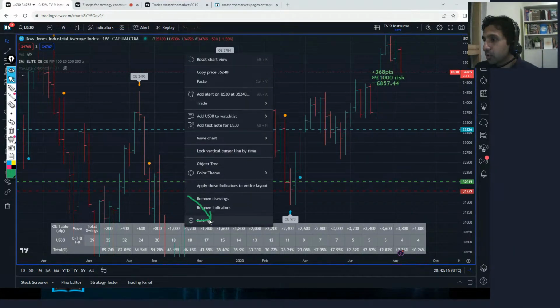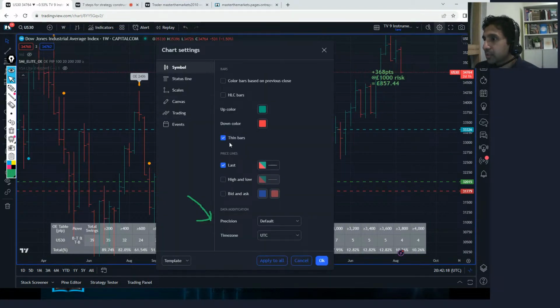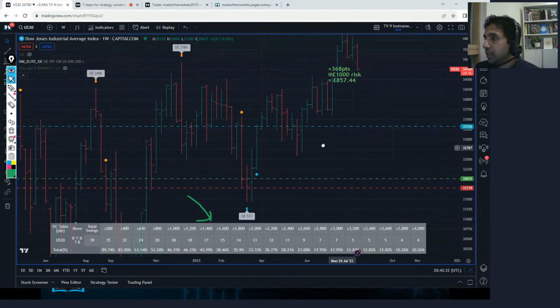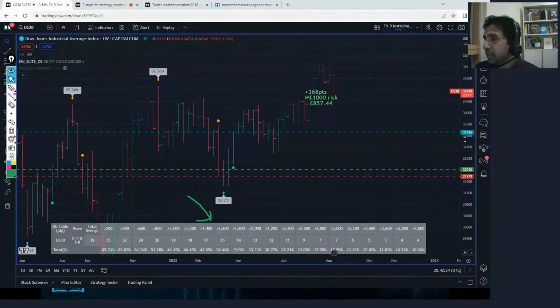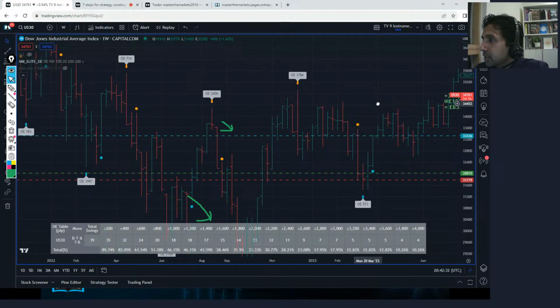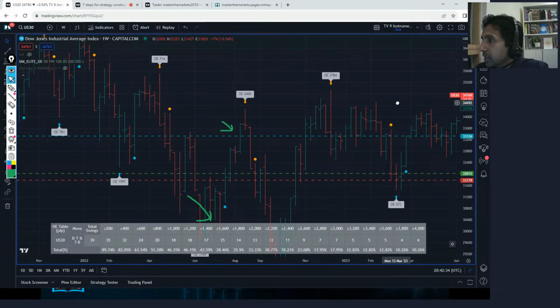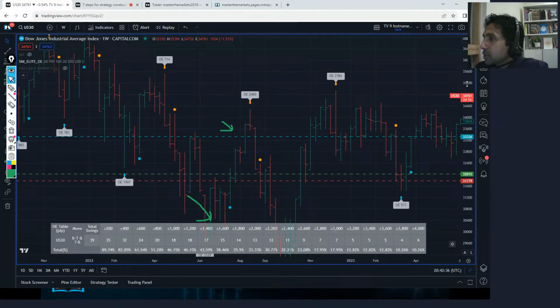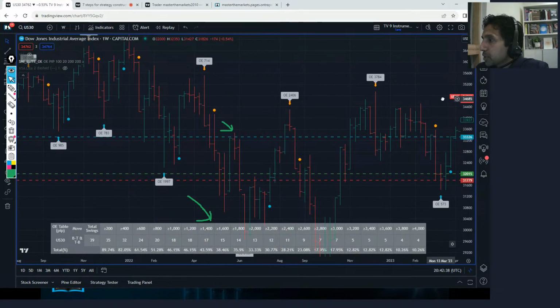Let me get out this last line as well. So over here it's a bit clearer now. On this point of entry, on the close of this bar, let's see if I hide that part over there. Let me hide all of that.